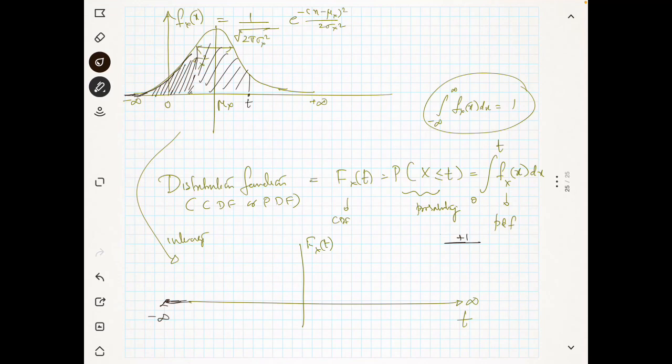Suppose you reach the point t here, you have a lot of area from minus infinity to t. That means your area is increasing, and it will move to a value and finally go to plus 1. So this will be the shape. I have one important point to give you; I will draw it a little bit.